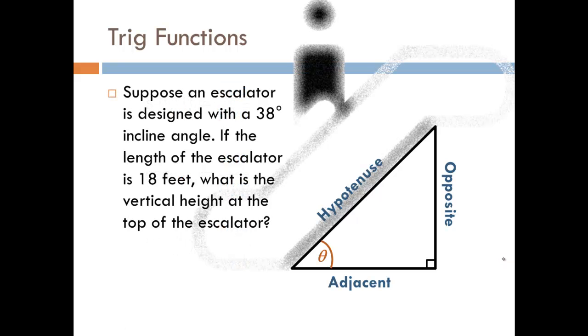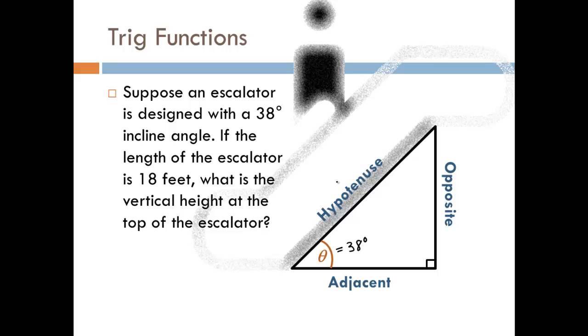Suppose an escalator is designed with a 38-degree incline angle. If the length of the escalator is 18 feet, what is the vertical height at the top of the escalator? If we look through this, we know that it has an incline angle of 38 degrees. So that is theta. We also know that the length of the escalator is 18 feet.